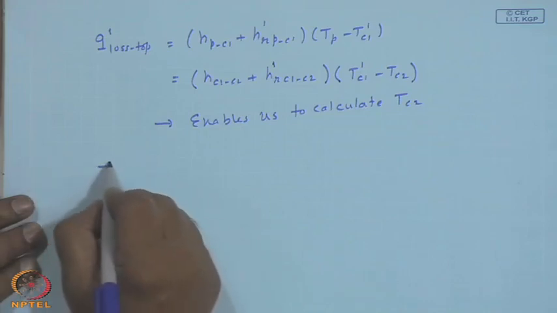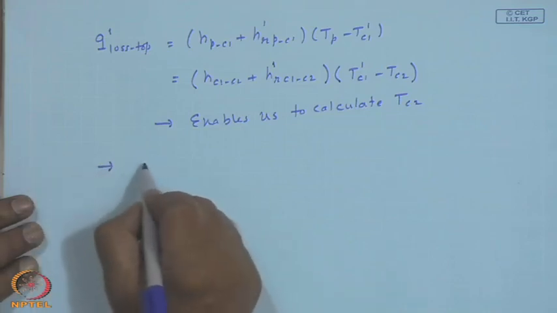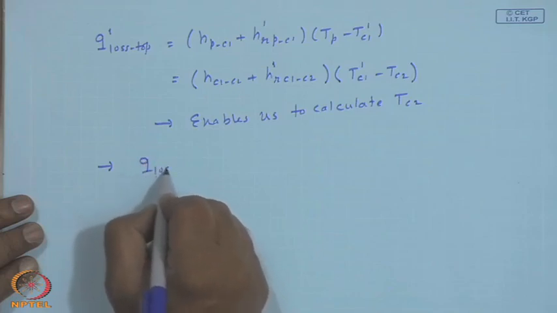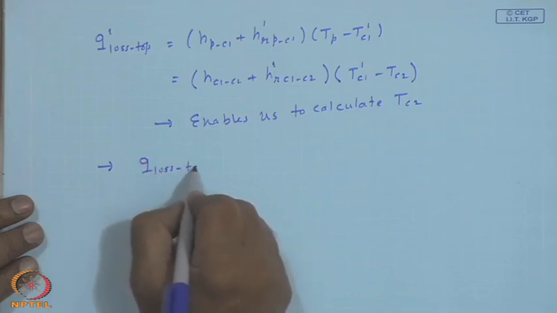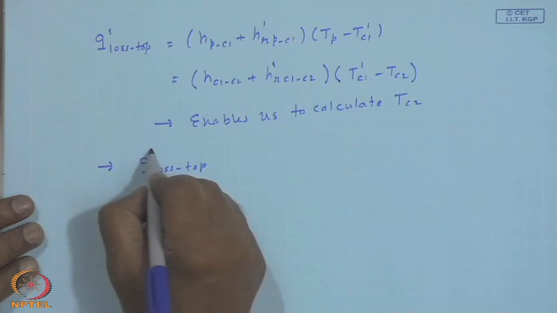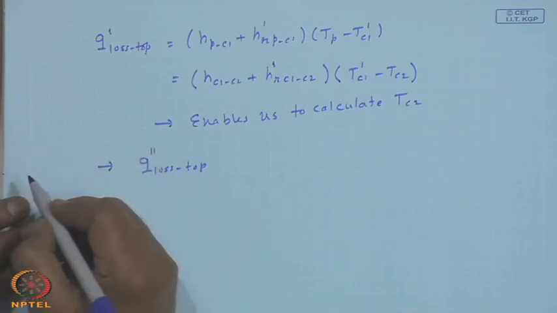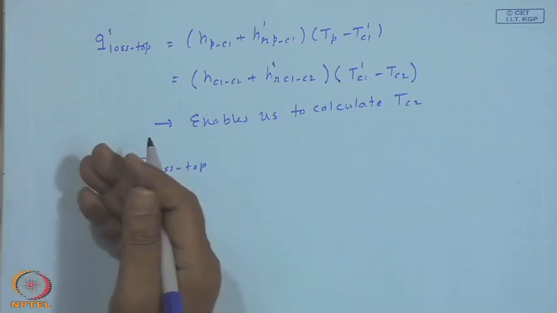Now, from this Q loss top 2, because Q loss 1 is Tp to Tc1^1, which we have guessed, the same amount of energy should be going from cover 1 to cover 2.